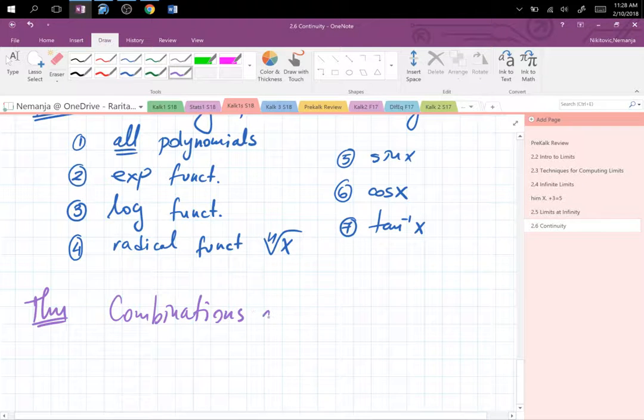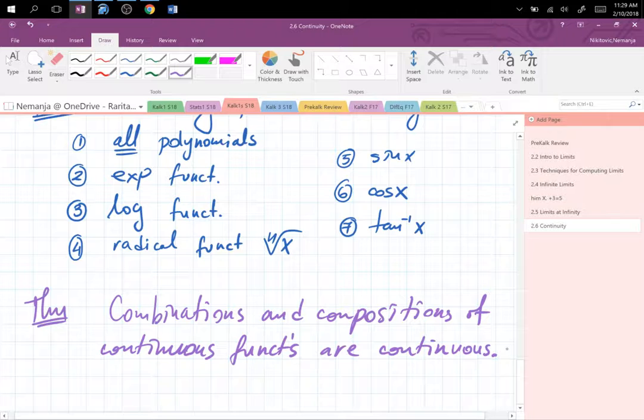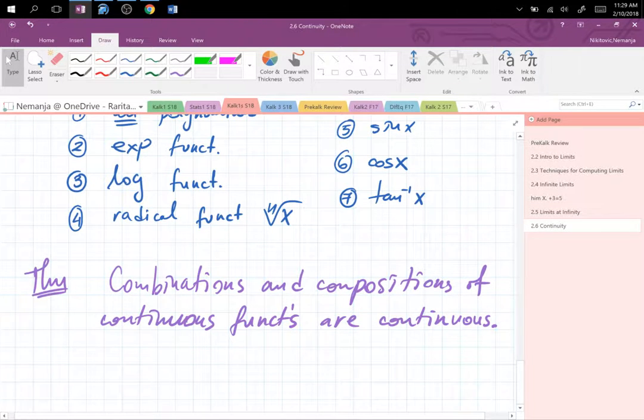Combinations and compositions of continuous functions are continuous. What falls under this category?